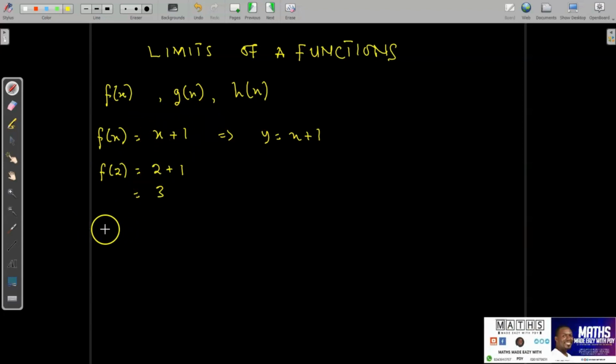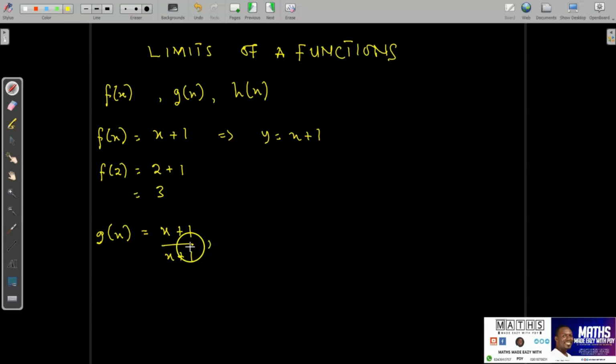In another situation, we may have g of x equal to x plus 1 all over x plus 1. Now, ideally, this is a rational function. And with this rational function, we always have an undefined solution.